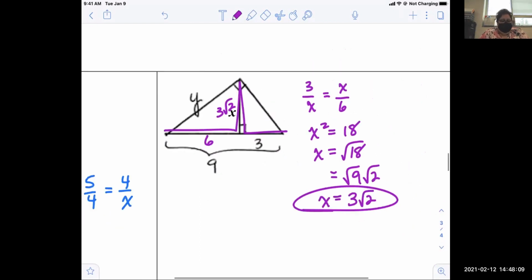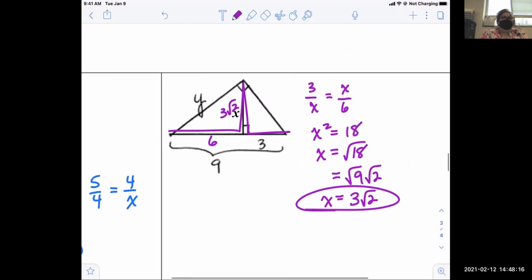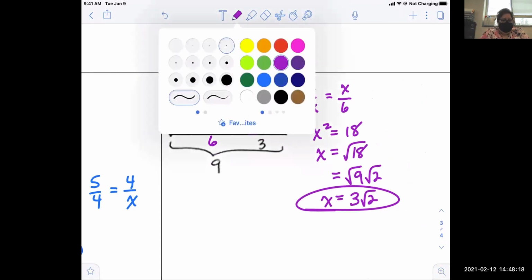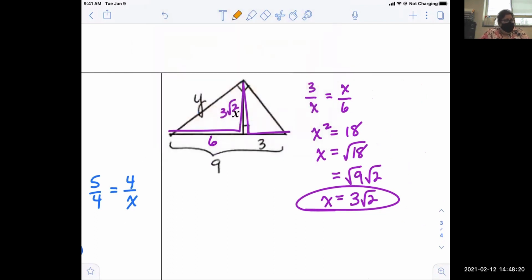What do you think? Have an idea how to find y? Liam? Okay, you can always do the Pythagorean theorem because these will always be right triangles. You're always going to have 3 right triangles in this particular kind of diagram, right? If you start out with a right triangle, you drop an altitude, you have right triangles.